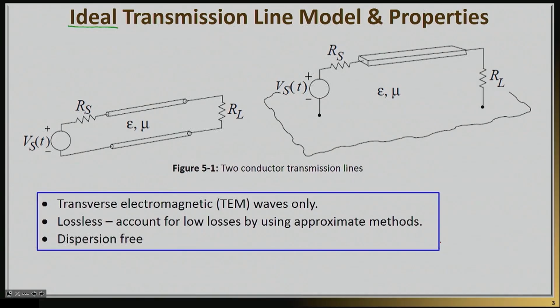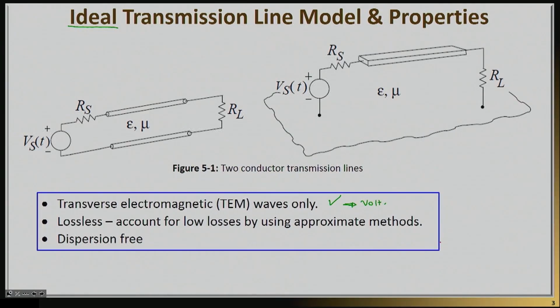So the first really critical property is that an ideal transmission line only propagates a TEM wave, or a transverse electromagnetic wave, which, if you don't remember exactly what a TEM wave is, it's basically a plane wave confined into some type of volume, right? The main reason that we need that is because with a TEM wave, we can clearly define voltage.